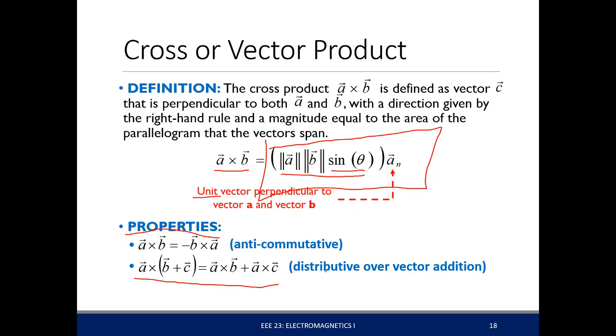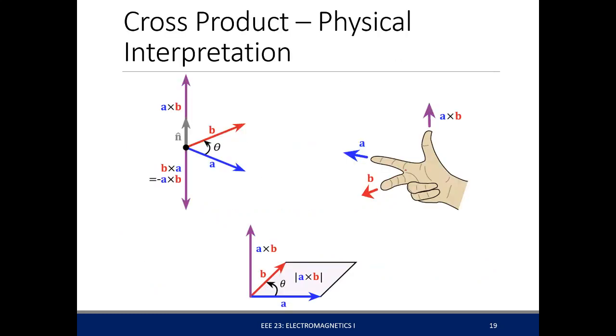So how do you calculate then this cross or vector product? How do you know where A sub n is in the first place? So this is just a formula. The magnitude is just a formula. A sub n, different story. So you can actually, well, let's look at that later. This is the physical interpretation of your cross product.